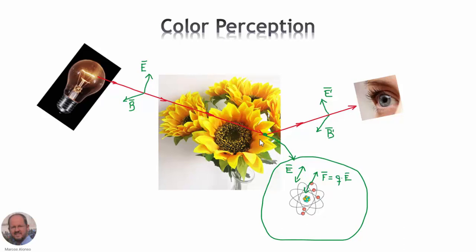In reality, the electric field of the electromagnetic radiation excites the electrons in the atoms of the material, so they vibrate at a given frequency, which is the resonant frequency of the material and corresponds to its color, and then the electrons emit back, due to their vibration and acceleration, the corresponding radiation that we can see with our eyes.